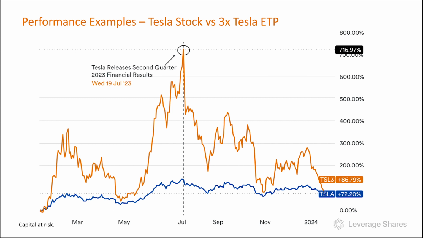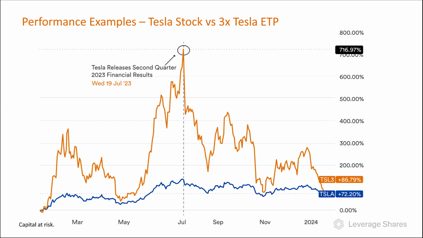As we see, we have a little rise in the underlying and a magnified rise in the 3x long ETP, with a performance of triple what the underlying did.